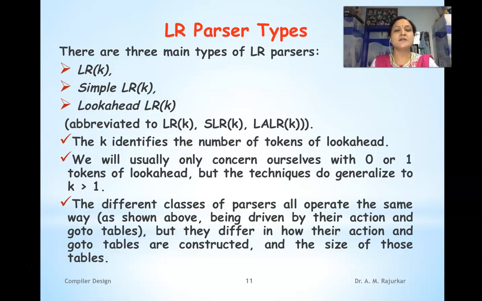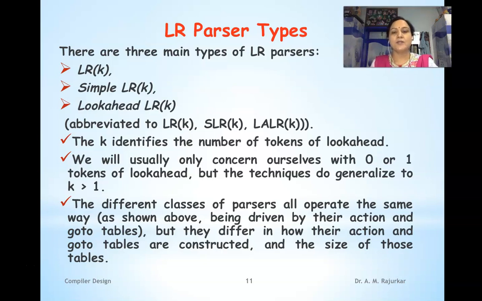Look ahead means the number of symbols we are reading from the input buffer whose actual involvement will be there in taking the decision of the action in LR parsing, that whether the action has to be shift, or reduce, or accept, or error. So this k number of symbols will be actively involved in taking the decision. So k identifies the number of tokens of look ahead we are reading from the input buffer.